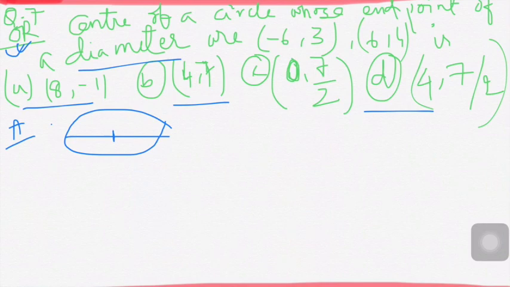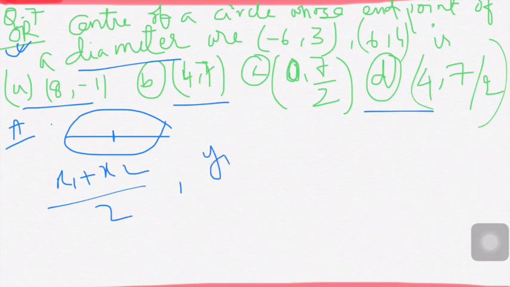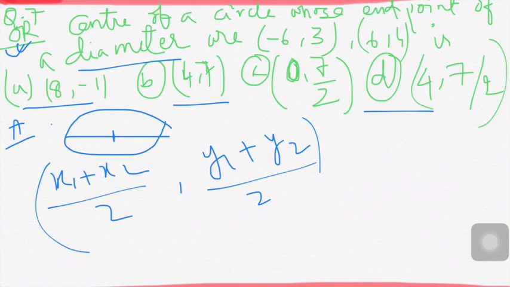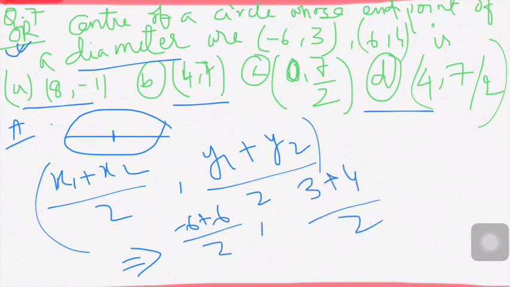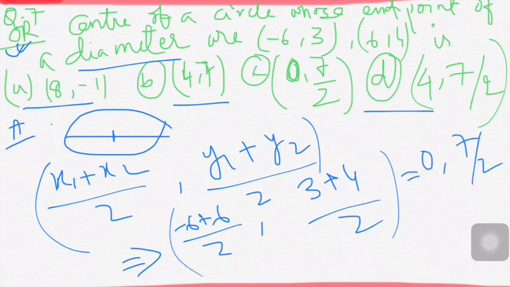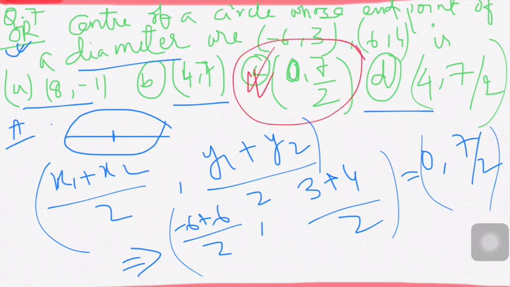So we can apply the midpoint formula, which is x1 plus x2 by 2, y1 plus y2 by 2. So if we apply this, easily we can get -6 plus 6 by 2 and 3 plus 4 by 2, which is 0, 7 by 2. Hence the answer is C.